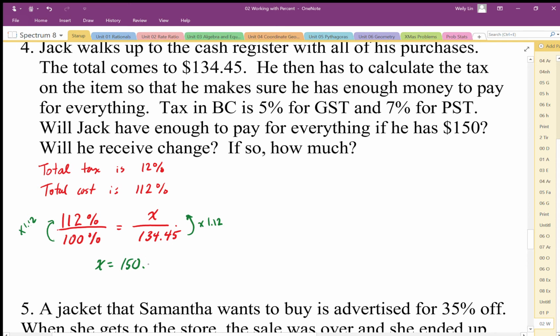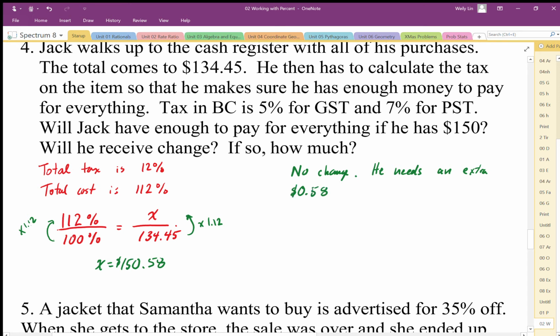I need 58 cents from somewhere to be able to pay for this, or I've got to get rid of some of the stuff I bought. So there's going to be no change. He needs an extra 58 cents.